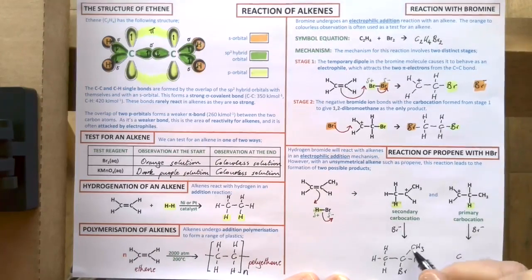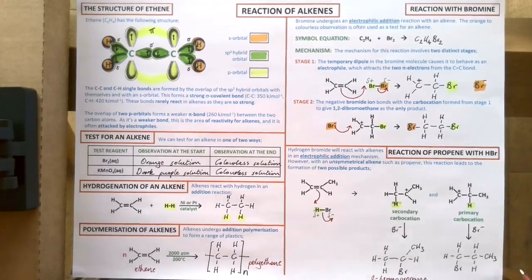Whereas on this one, the bromine goes on the left hand side of the double bond. So essentially what we made here then is 2-bromopropane, whereas here we've made 1-bromopropane.